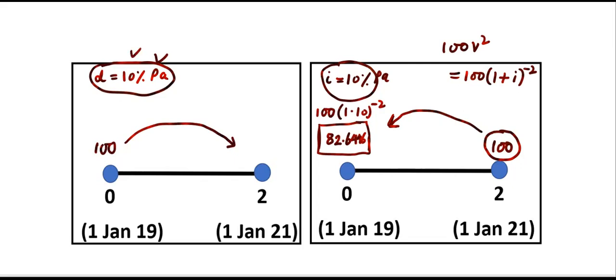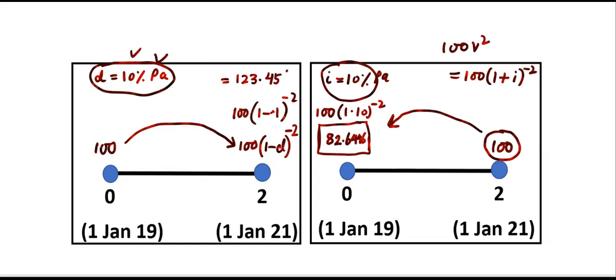If you can find present value using i, why can't you find accumulated value using d? We'll use the same method: 100(1-d)^(-2). Minus comes here. So that will be 100(1-0.10)^(-2). You can check it, whether this is correct or not.